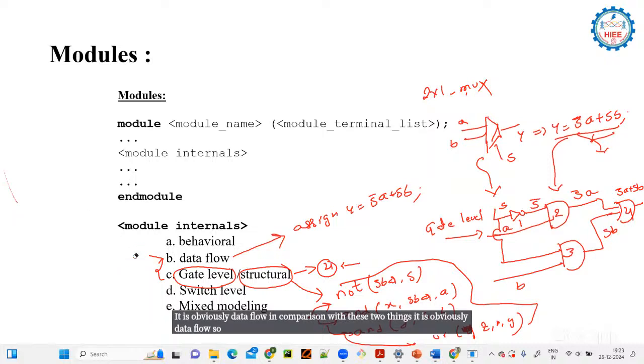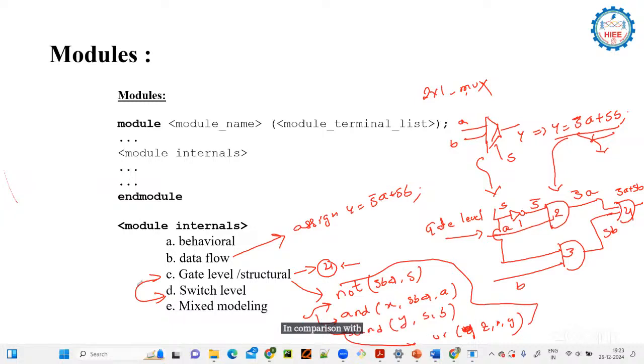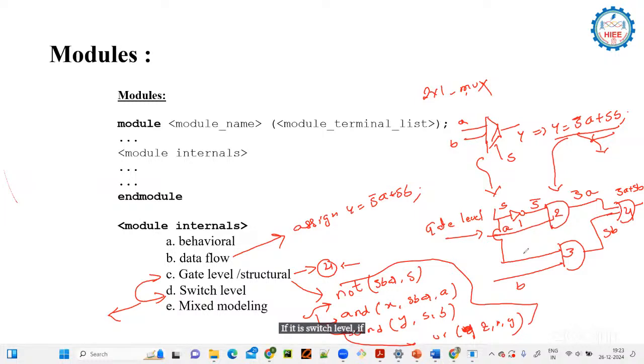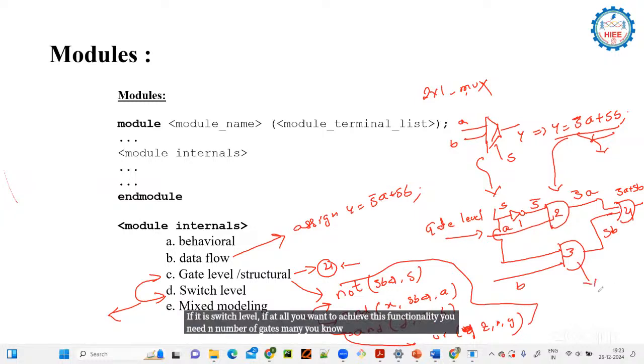Now if I ask you, in comparison with gate level and switch level, which one is easy for you to write code? If it is switch level, to achieve this functionality you need many transistors: for an AND gate you need 6, here 6 more, 6 more, and here 2 more.